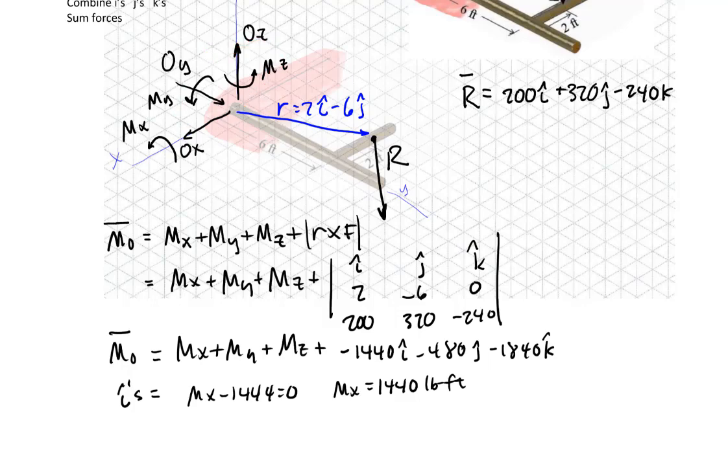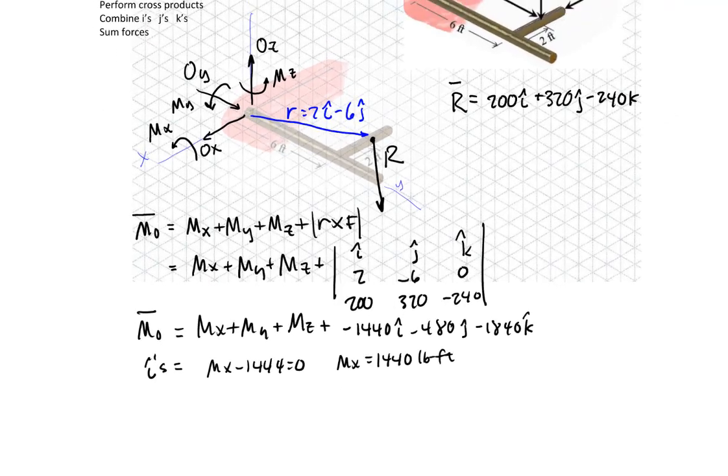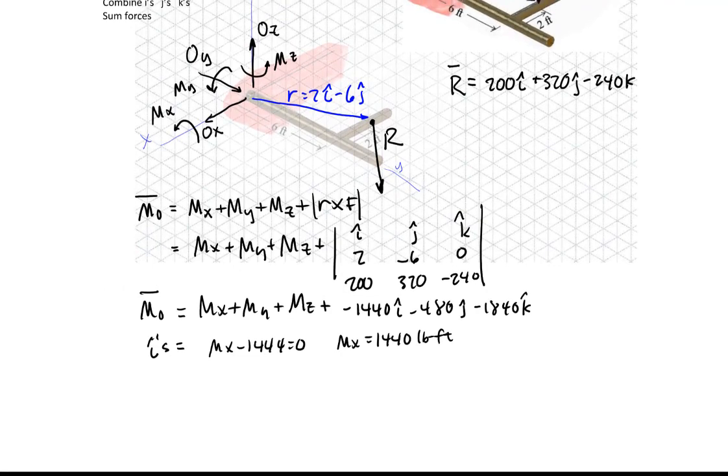Here you can see the moment about O is that, and this is the reaction about O, and those have to add together to get 0. Therefore the moment is actually a positive number, even though the reaction is a negative number. And that's what you should be looking for when you're solving these things, finding the reaction, not simply the moment. So let's go ahead and do the j's as well.